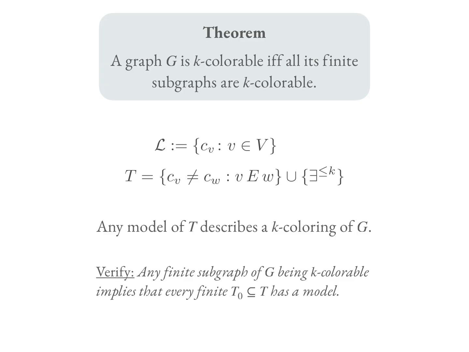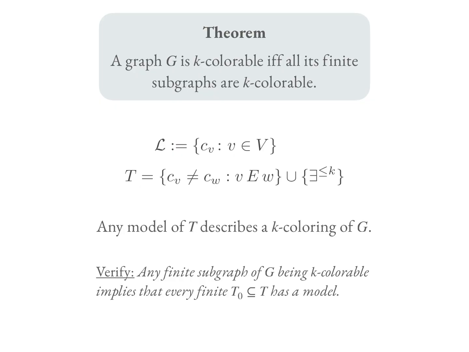Okay, so we throw all of these into one big theory T, and then it's not hard to see that any model of T actually describes a k coloring of G, right? Because the coloring condition is reflected exactly in those formulas we add here, and that it's a k coloring is reflected in the fact that the model has at most k many elements.